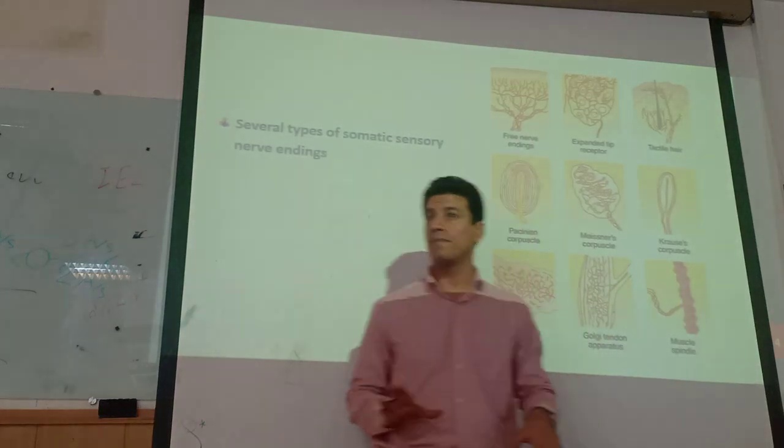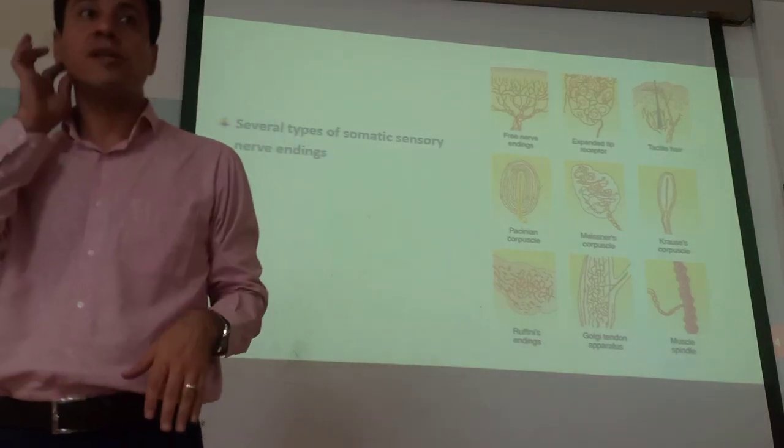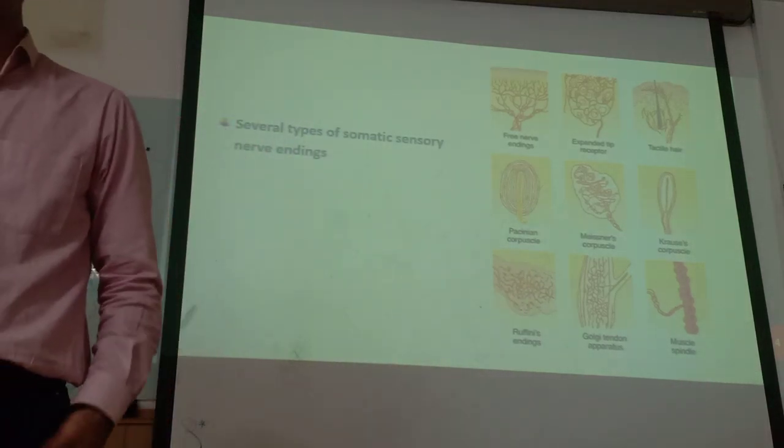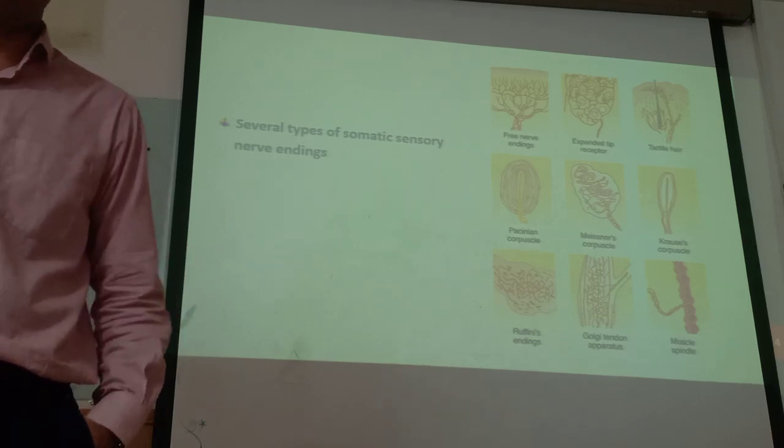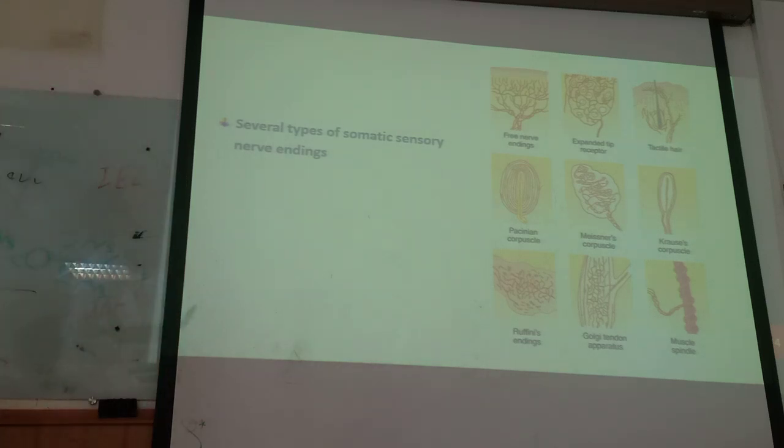Muscle spindles. So several types of receptors are present in the skin, muscles, and joints. We call them somatic receptors. So senses can be generally classified into special senses and somatic senses. Special senses are those that have special organs, like we have eyes for vision, ears for hearing, tongue for taste, nose for smell, right?